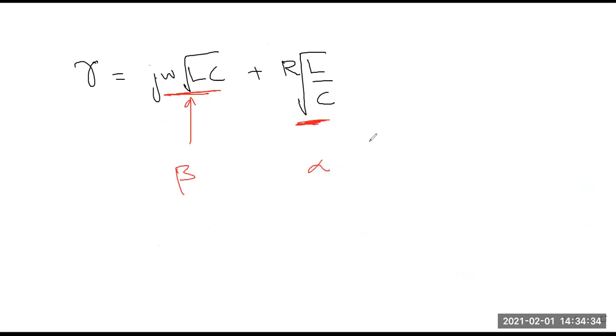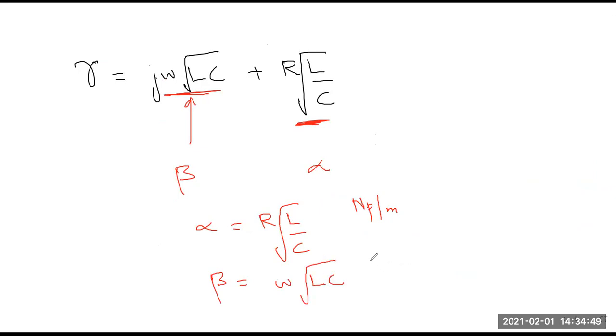So for this line, attenuation constant is equal to R L by C under the root Nepers per meter. And its phase constant is omega LC under the root. And you can clearly see beta is a linear function of omega.